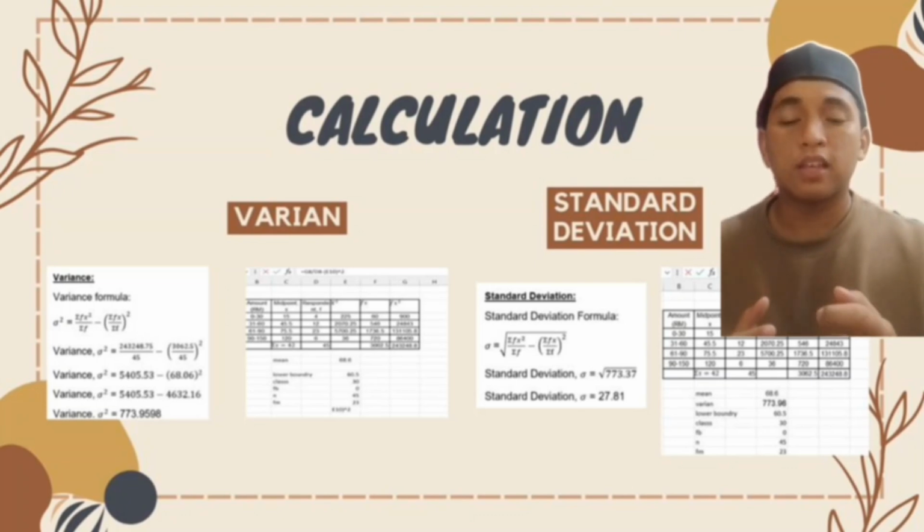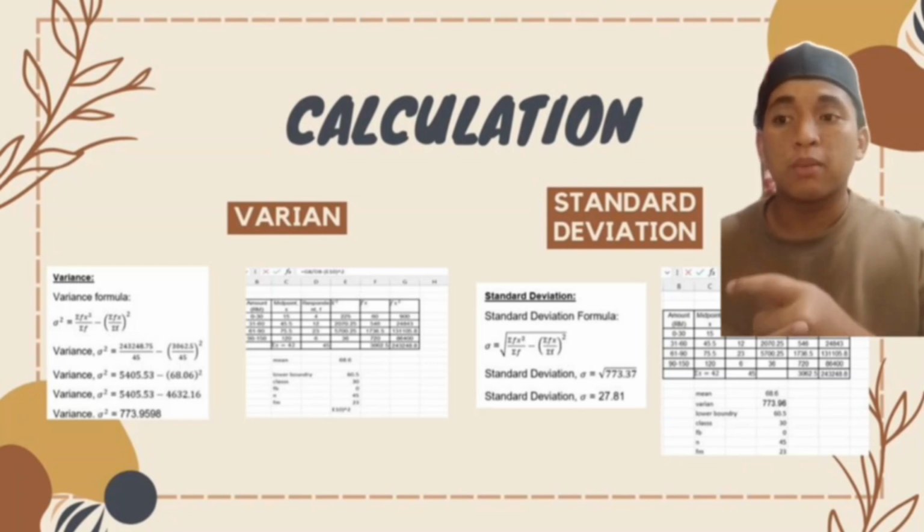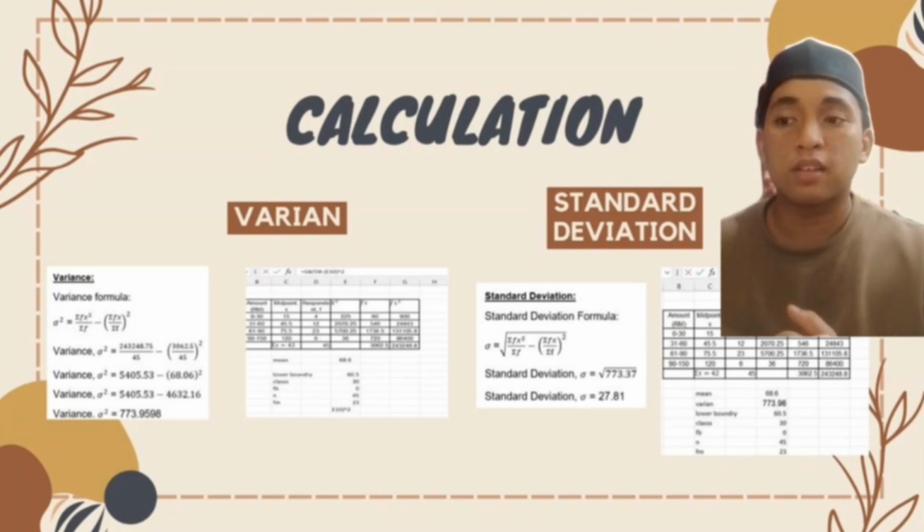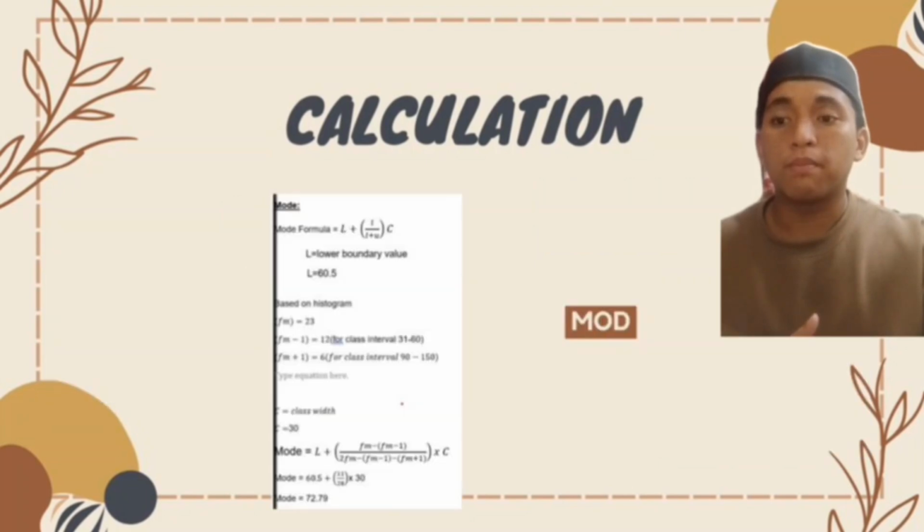The standard deviation is the square root of the variance, so we have 27.81, which is from the square root of 770.9598.